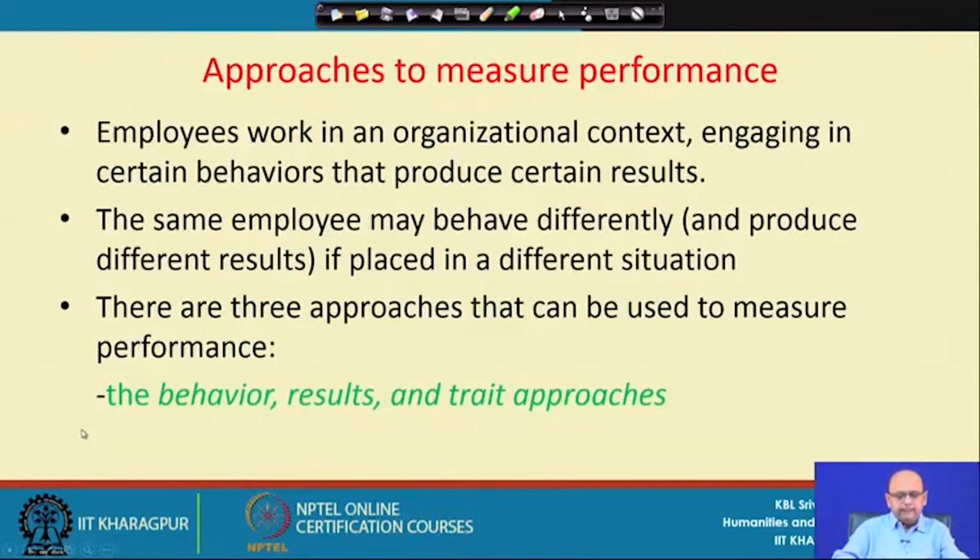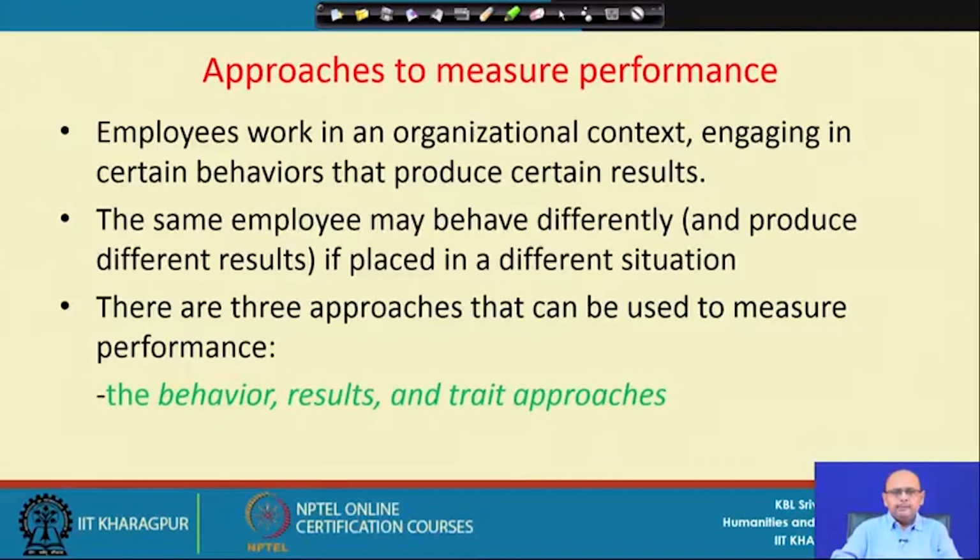So, we have 3 different approaches to measure the performance. It means you are going to work in a context in an organization, and you are going to engage in certain behaviors which produce results. Now, the question is why, given a similar context, we do not expect similar behaviors or similar results from the employees, because employees behave in a different way.